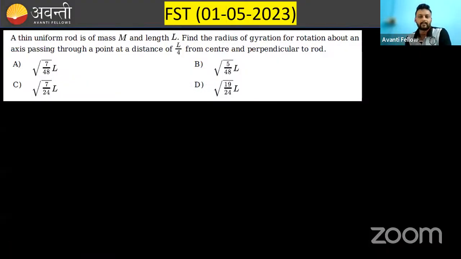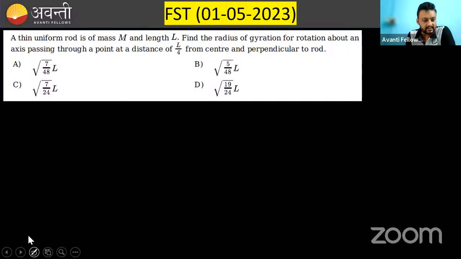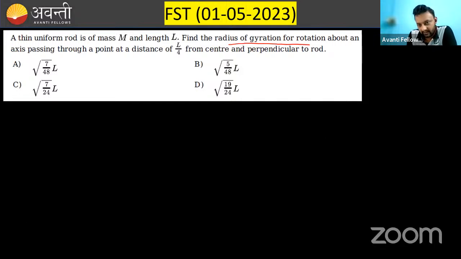First question. Okay. The question is asking, there is a uniform rod of mass m and length L. Find the radius of gyration. So first of all, let's draw a little bit of diagram.